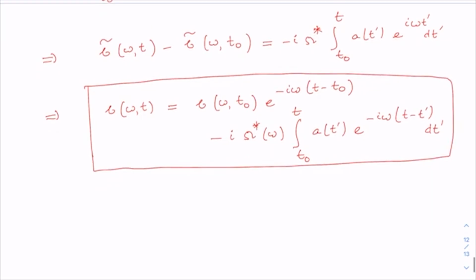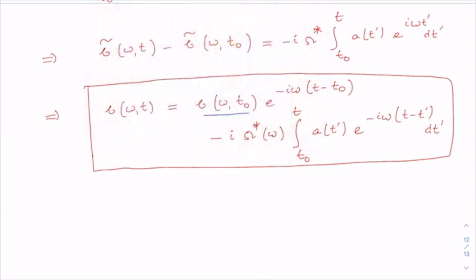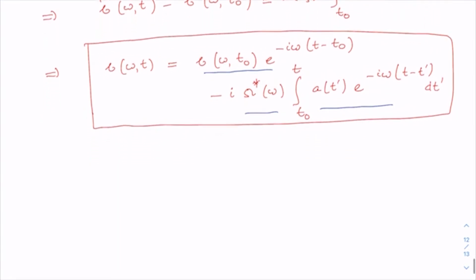In fact, you see here the first term on the right-hand side corresponds to the free evolution of the bath, while the second term represents waves radiated by the cavity into the bath.